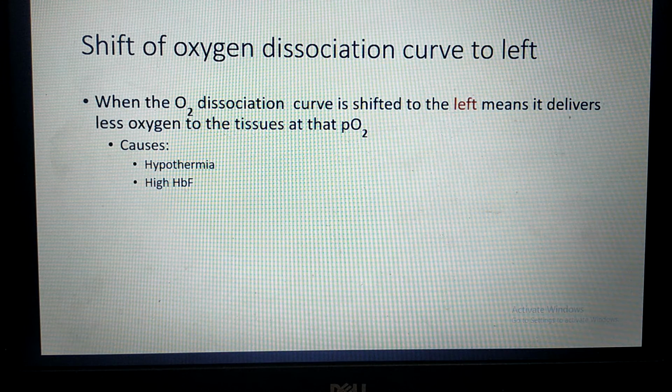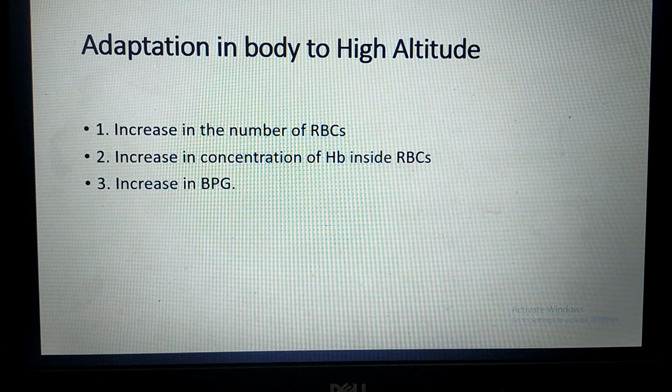Therefore, 2,3-BPG, 2,3-bisphosphoglycerate does not bind with hemoglobin F because 2,3-BPG binds only with the beta globin chain, and this beta globin chain is absent in HbF. Due to absence of this 2,3-BPG, hemoglobin F has more affinity towards oxygen and hence it delivers less oxygen to the tissues.